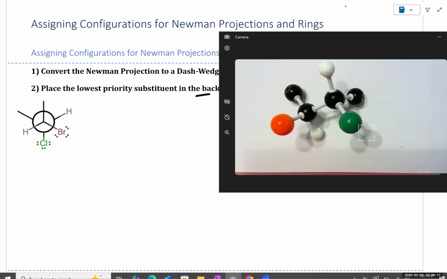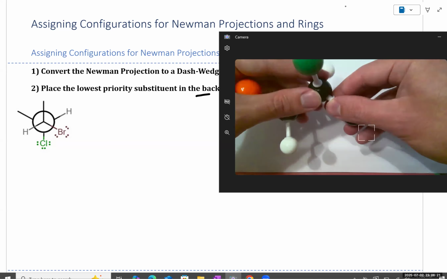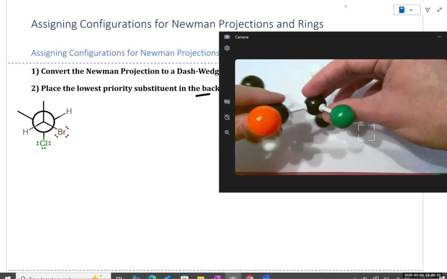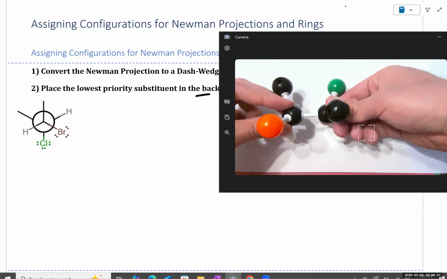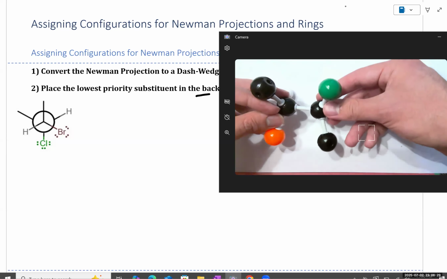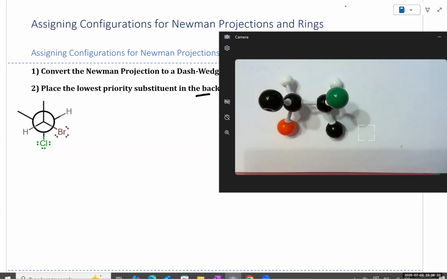So we're going to draw what we see in terms of this dash wedge depiction. Before I do that, I'm also going to rotate my back carbon so that the back hydrogen is also in the back. So now I have a view which places both hydrogen atoms in the back, and now we can just draw what we see.